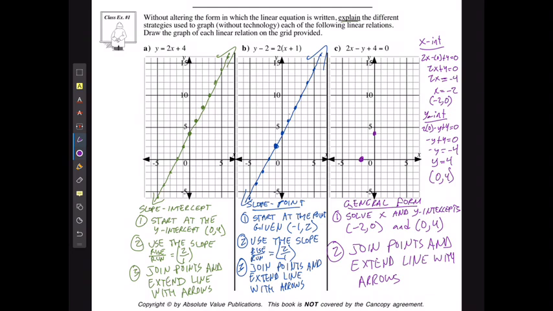So, the best way to do this is if you have some sort of ruler or a flat edge, and then all you're going to do is connect out the points and extend them. And then draw the arrows.